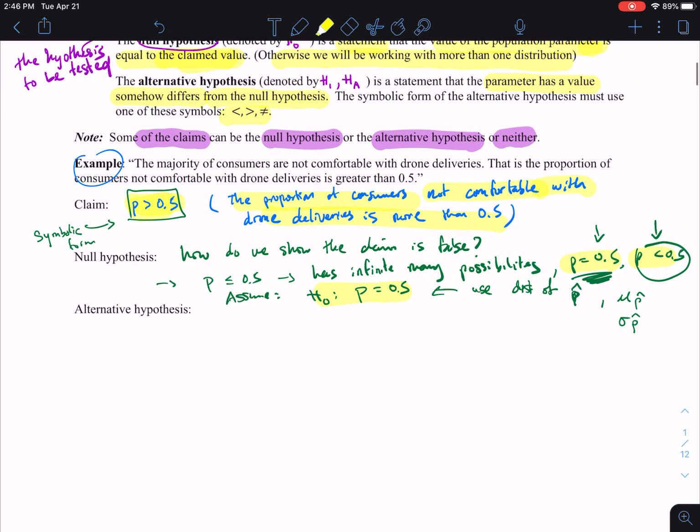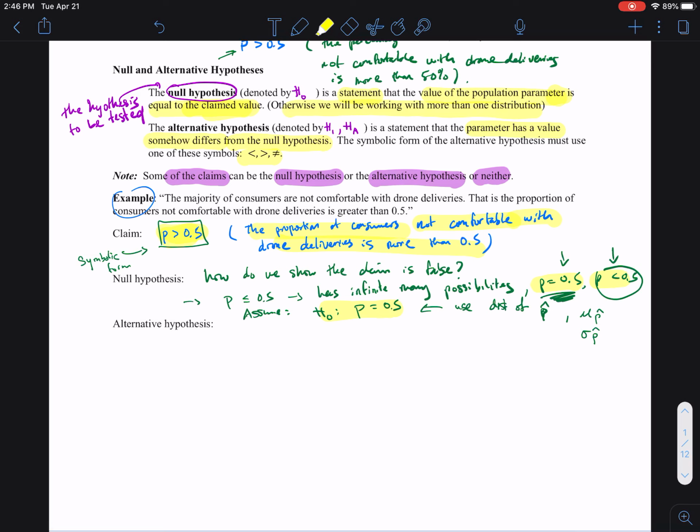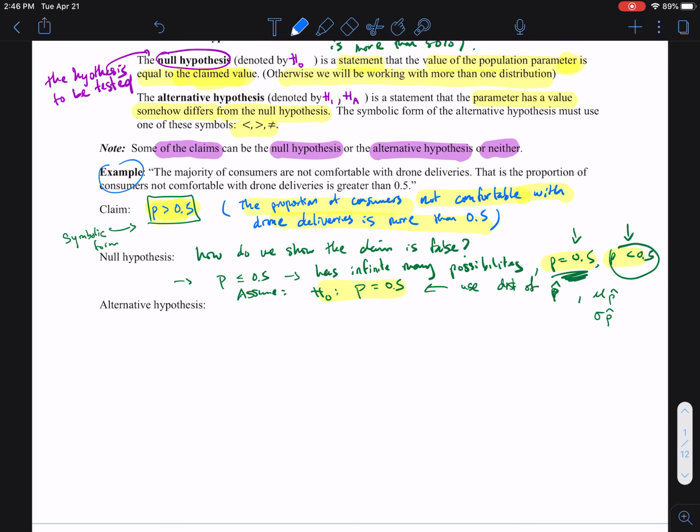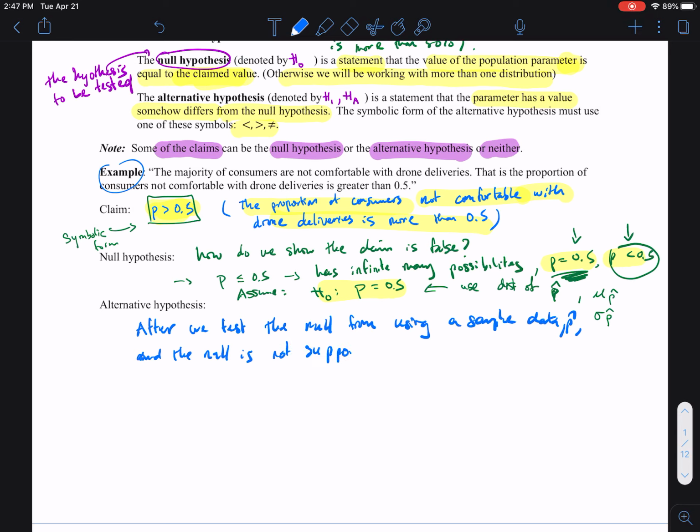The alternative hypothesis: after we test the null using sample data, maybe p hat, and the null is not supported by the data, then we go with the alternative hypothesis.